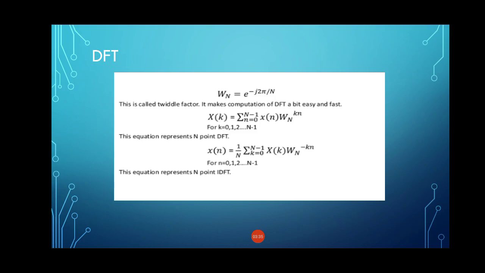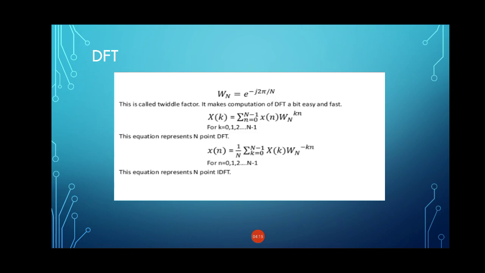That is, what we are doing is sampling DTFT in the frequency domain, in equally spaced samples, the number being capital N. Or we can say that equally spaced frequency samples of DTFT is DFT.